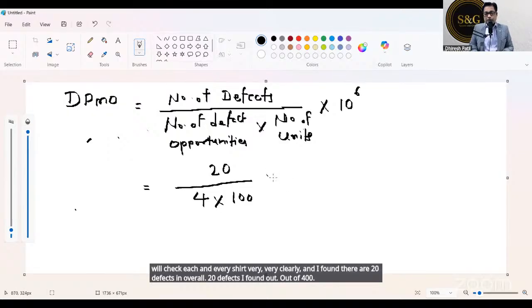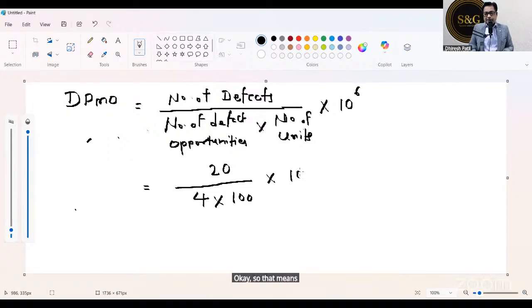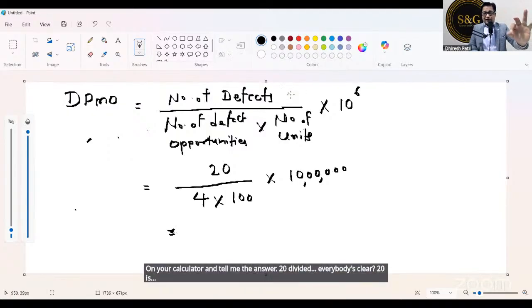Can you calculate this on your calculator and tell me the answer? Everybody's clear? I found the number of defects is 20. The number of defect opportunities is 4, because we have finalized the 4 defect opportunities: hole, stain, stitching defect, button missing.